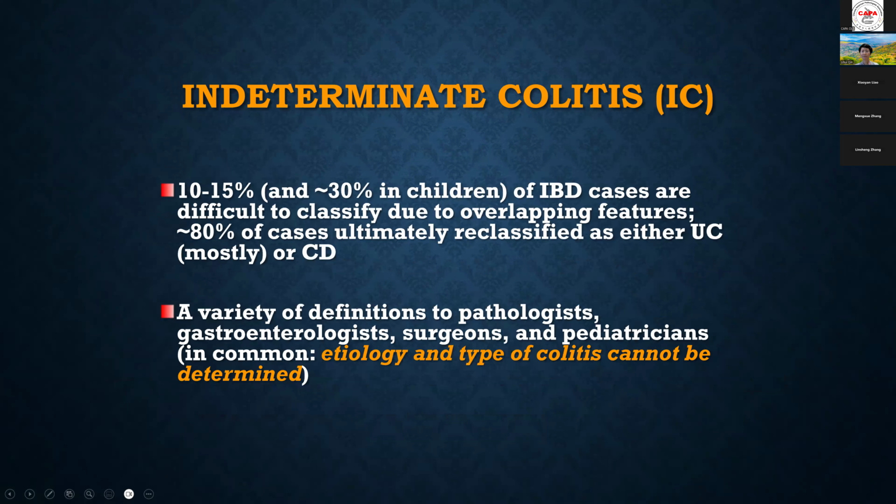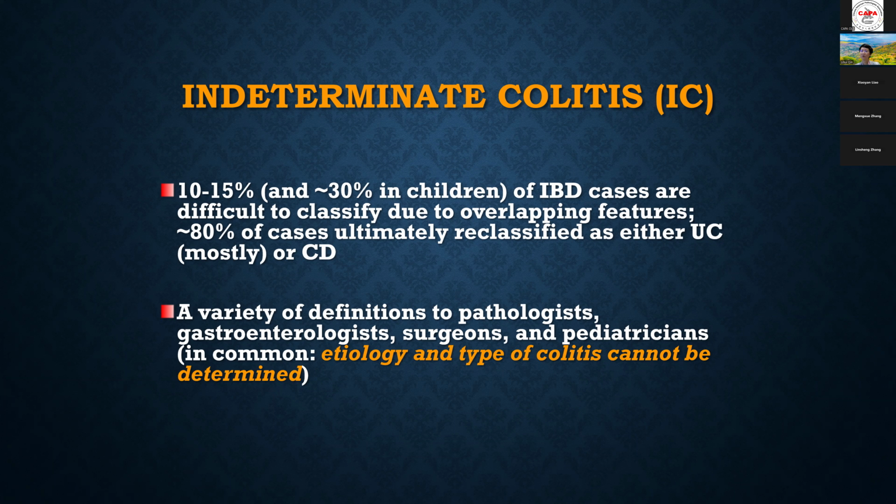And still some diseases do not read books, right? They show some overlapping features of UC and Crohn's, and we cannot really make a definitive diagnosis. So here a terminology called indeterminate colitis was introduced to describe this disease that does not read books, right?